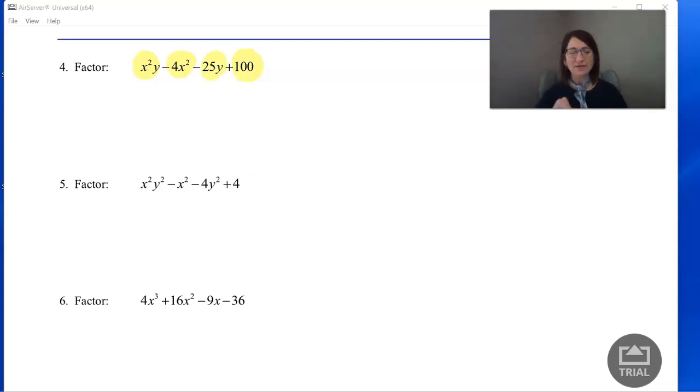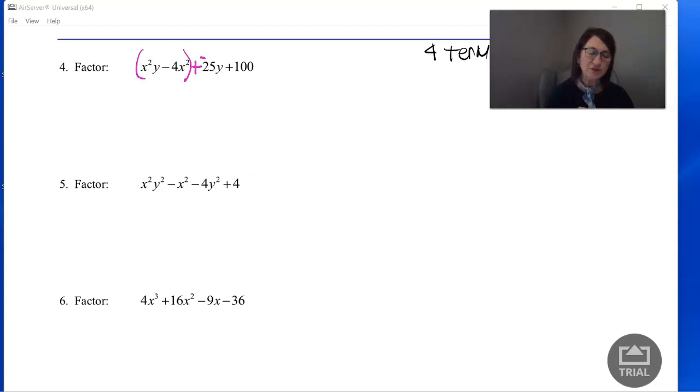Okay? And so when I see 4 terms, that means I'm going to use grouping. That's my grouping strategy. Okay. So I also notice that my third term is subtraction. So I'm going to change it to addition and put that negative sign with the 25. Now I'm ready to group.